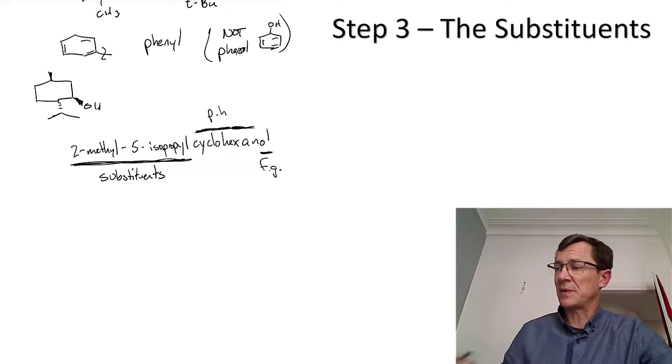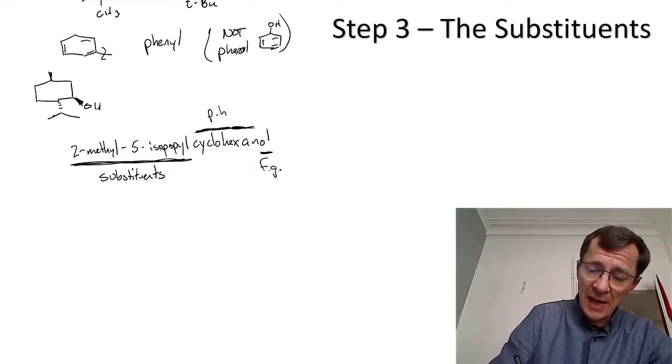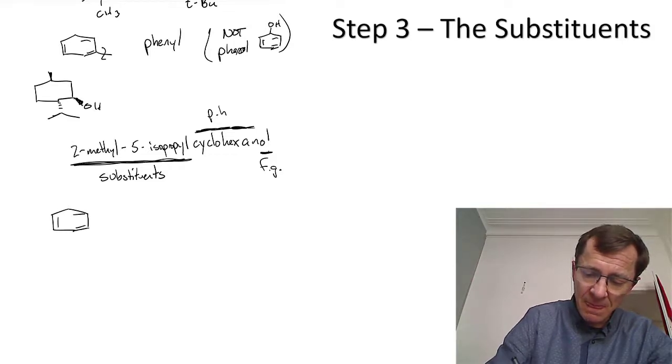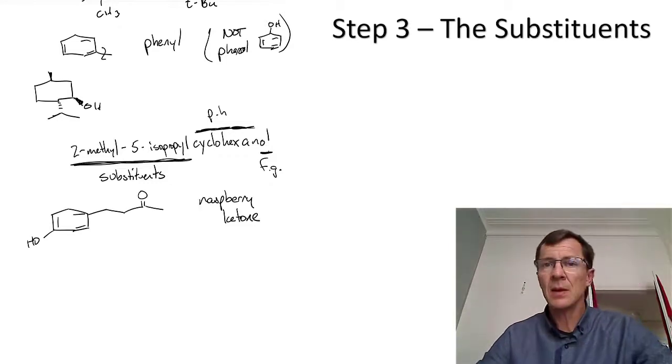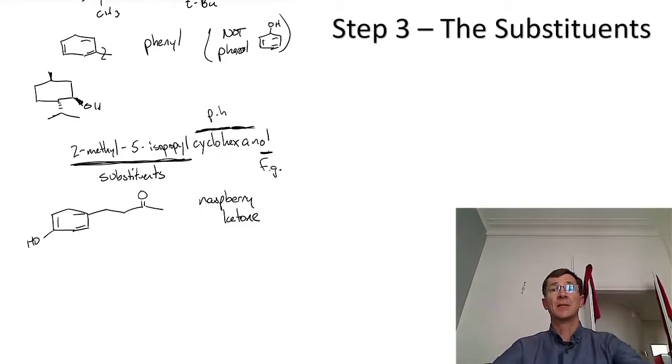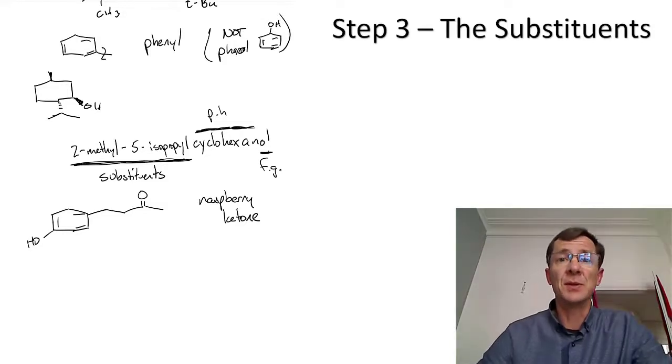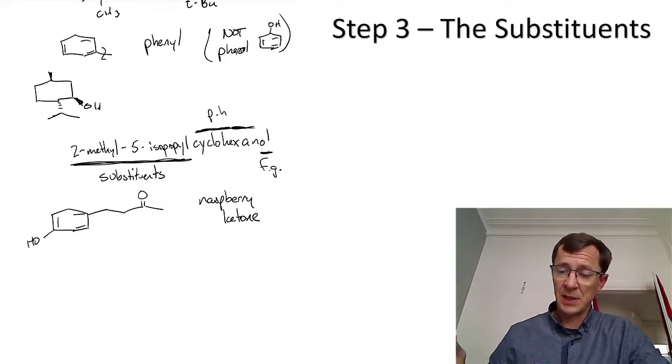Let's play around with something that looks simpler and is actually a little harder. Plus, it lets us practice our phenyl. This is raspberry ketone. Now, this looks nice and straightforward. It actually looks simpler than menthol does. It is a butanone.